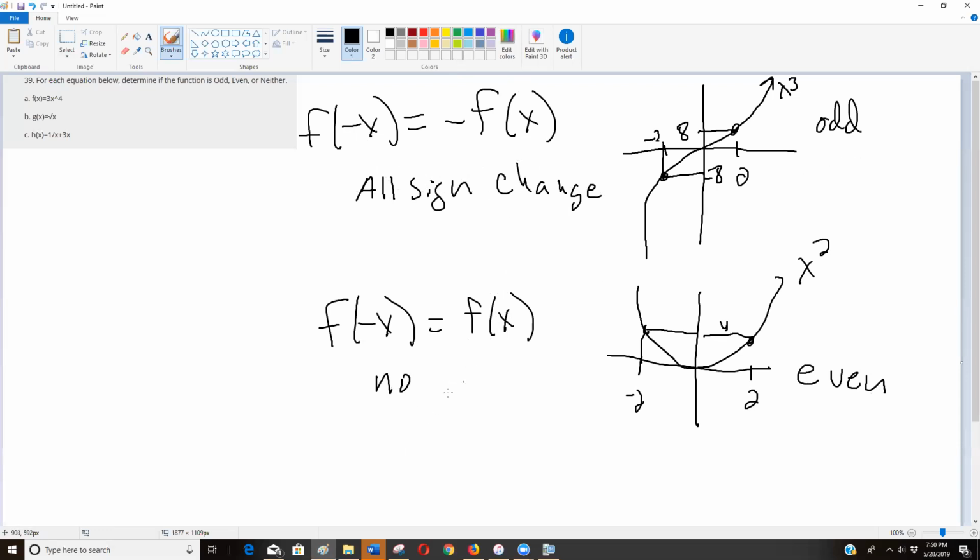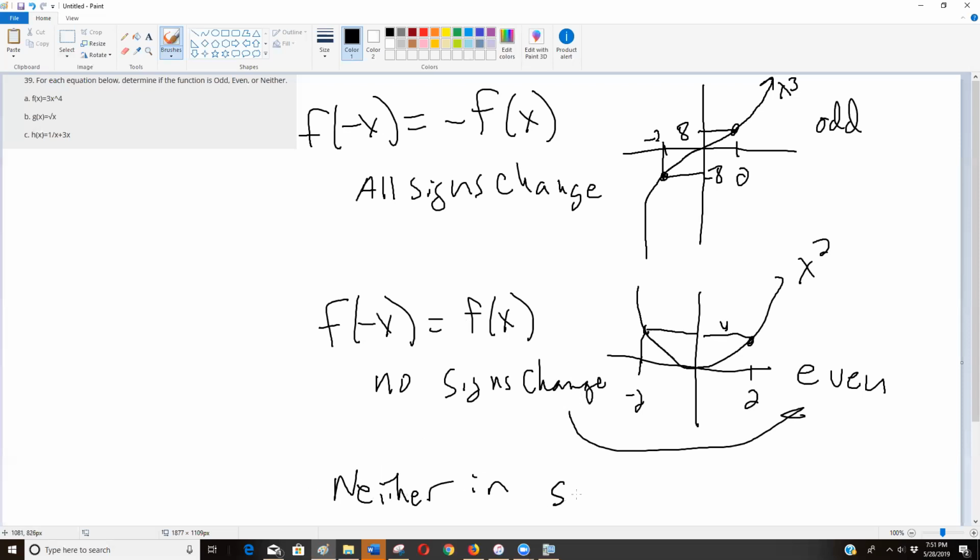If no signs change, my output's the same in both cases, so that's an even function. And if it's neither even nor odd, then some signs change, but not all.